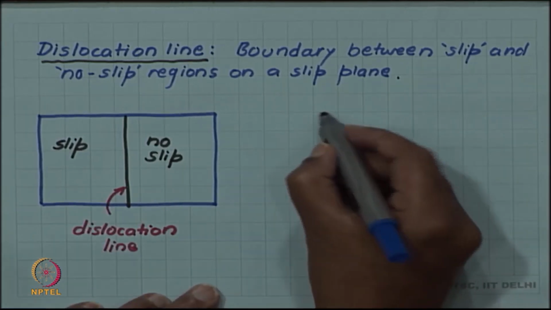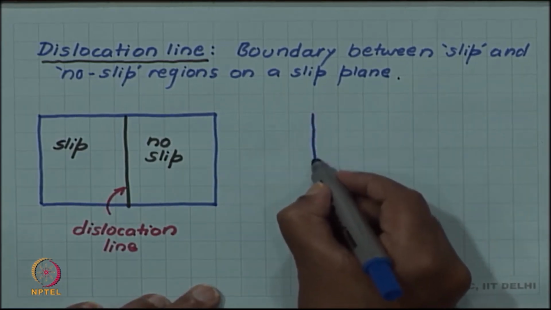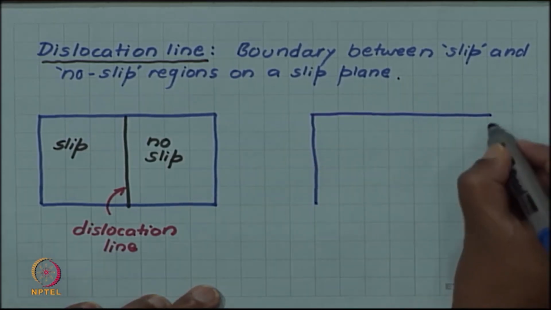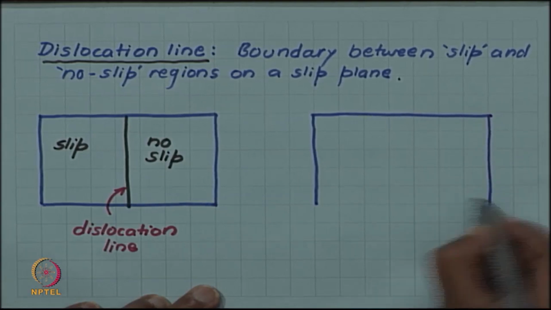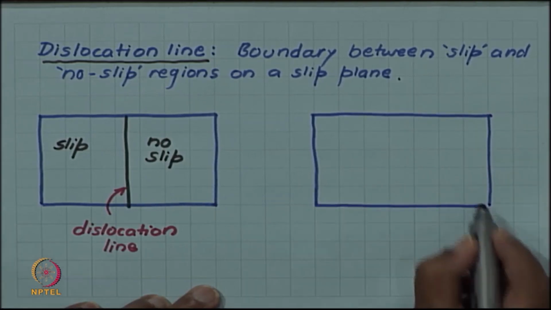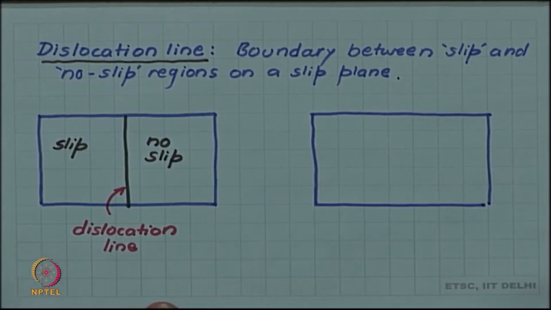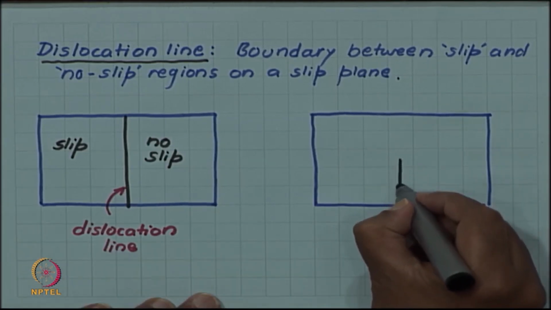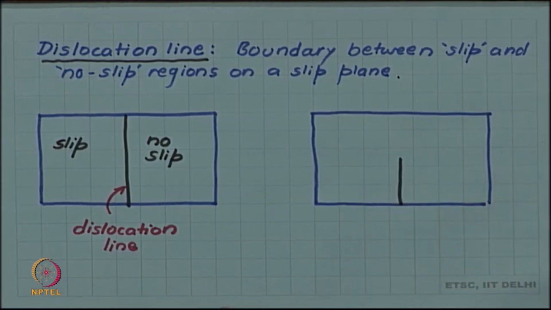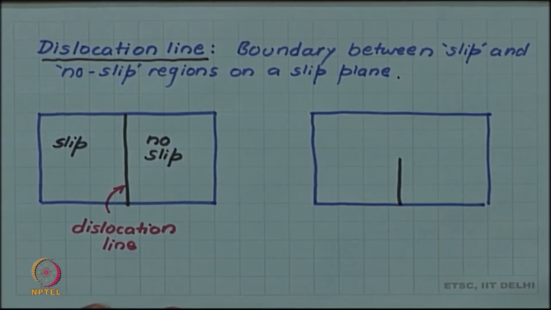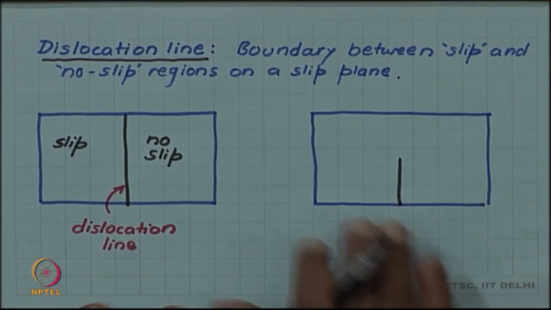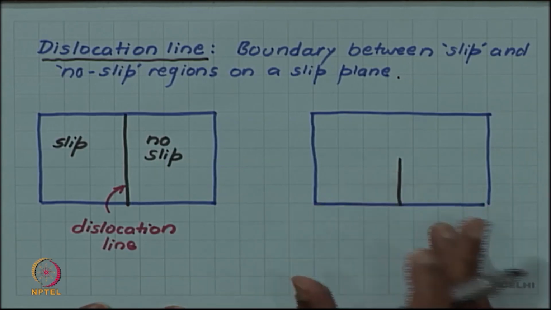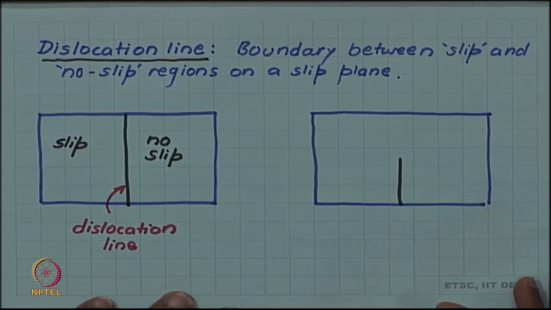Now, if I try in a similar picture, so I have another slip plane picture, and if I try to make a dislocation line which starts on the front face, but ends inside the crystal, something like this, then you can see that in this kind of picture the slip plane is not divided into two regions.